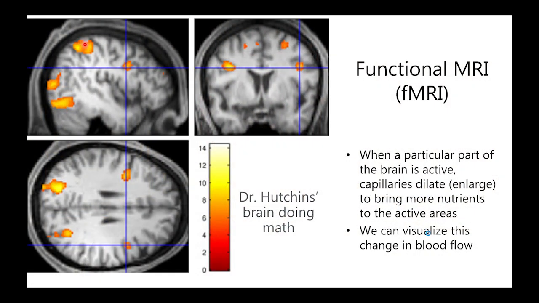So these are the parts of my brain that are more active when doing math problems than when I'm doing something else, when I'm doing a control problem. And in this case, the control problems were hard math problems versus easy math problems. And what makes the difference between a hard math problem and an easy math problem?